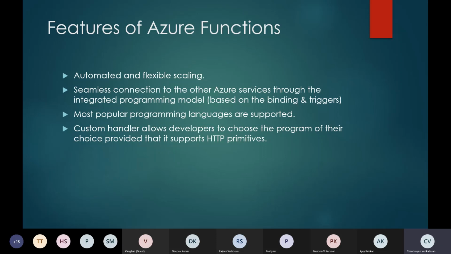It also provides a seamless connection to other Azure services. How it does that is through the integrated programming model. So I don't need to write an additional piece of code to connect to Azure storage blobs. I have Azure Functions written in any of your favorite languages, be it C#, Node.js, or PowerShell, whatever it may be.